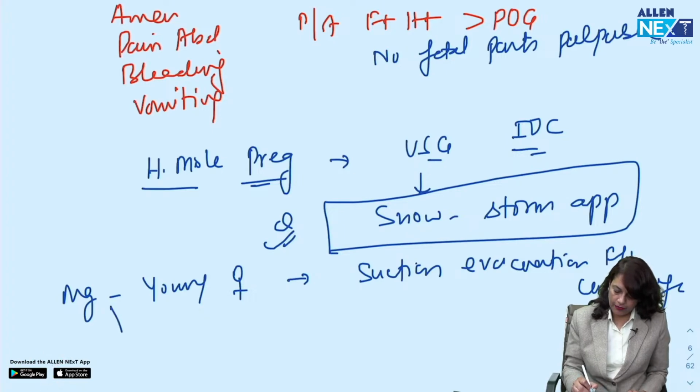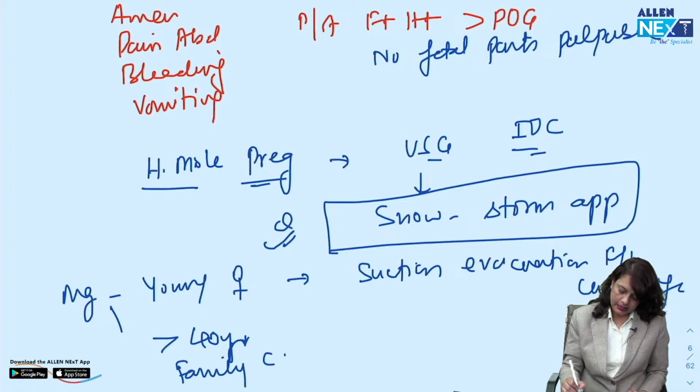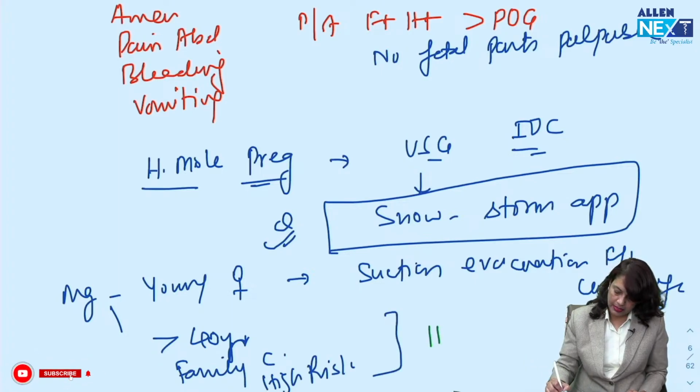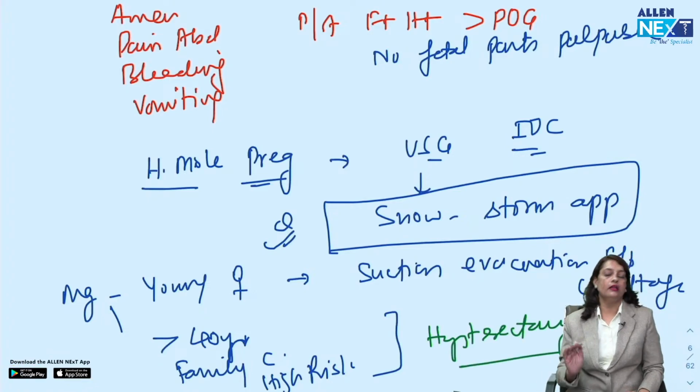And if the age of the patient is above 40 years, her family is complete, and she belongs to a high-risk case, in that case your management is hysterectomy, keeping the mole in situ.